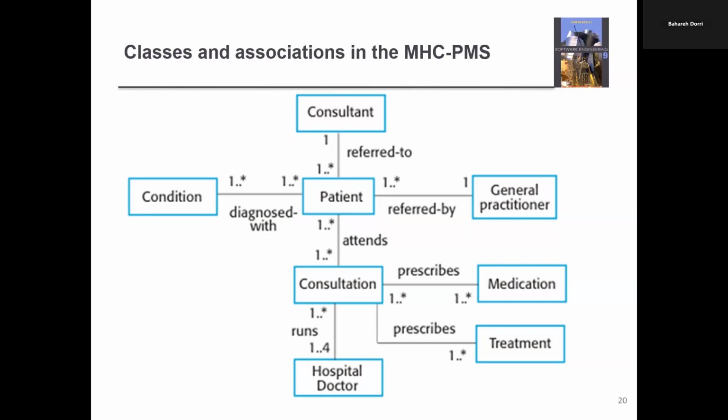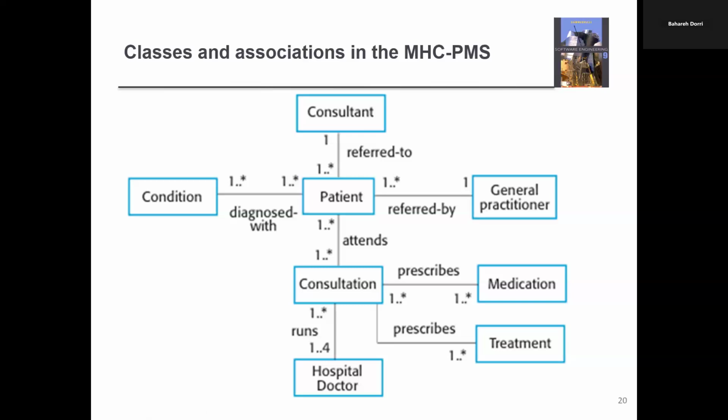A patient is diagnosed with one or more conditions, and each condition must be associated with at least one patient. So that's a many-to-many relationship. As you see, it's marked 1..* on both ends, where a star represents many.